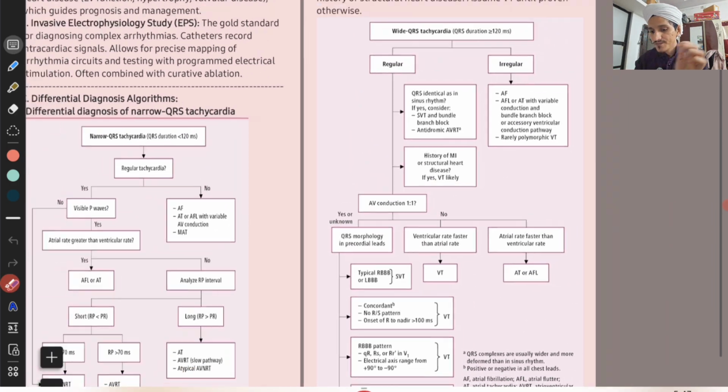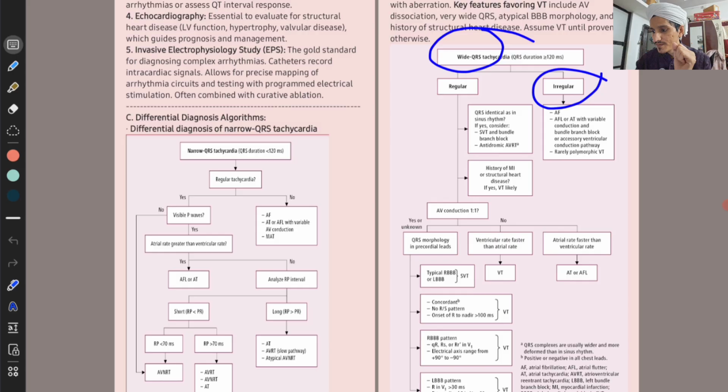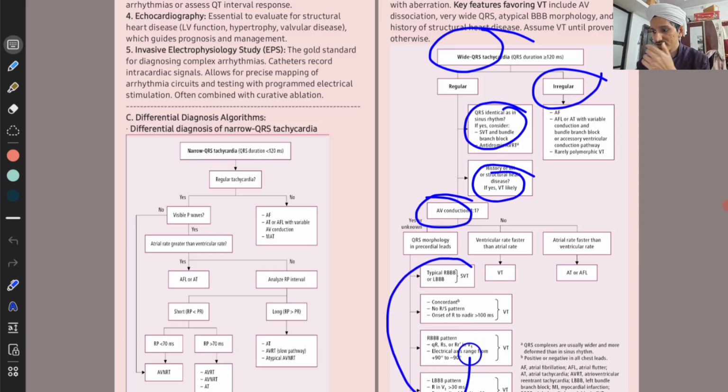So, wide complex, irregular, be happy. Wide complex: ask for the previous ECG, ask for history of any structural heart disease, see AV dissociation. Then see the RBBB, LBBB pattern. So these are the 4 points you have to remember.